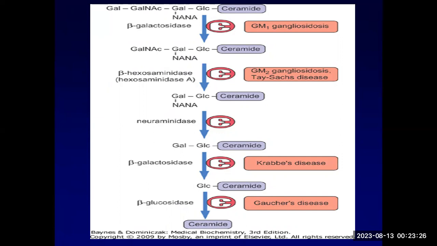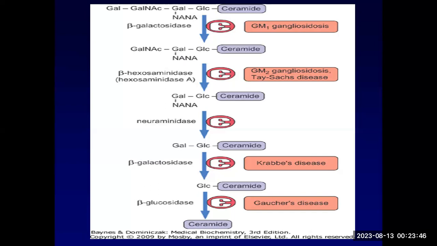The next one: if this enzyme is not deficient, then we get the N-acetyl galactosamine, galactose, glucose, and N-acetyl neuraminic acid right here, attached to ceramide.